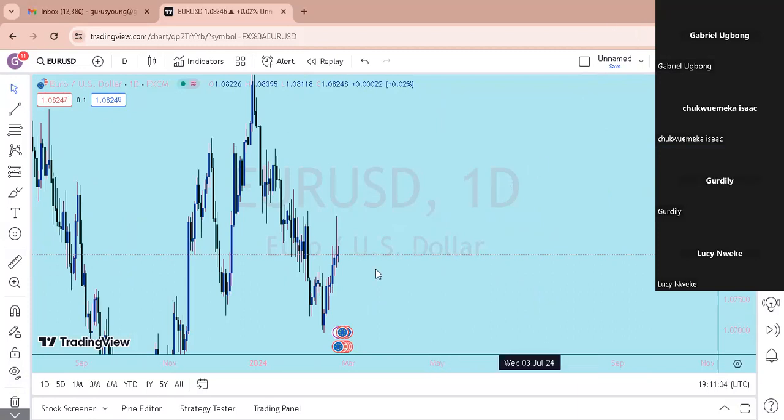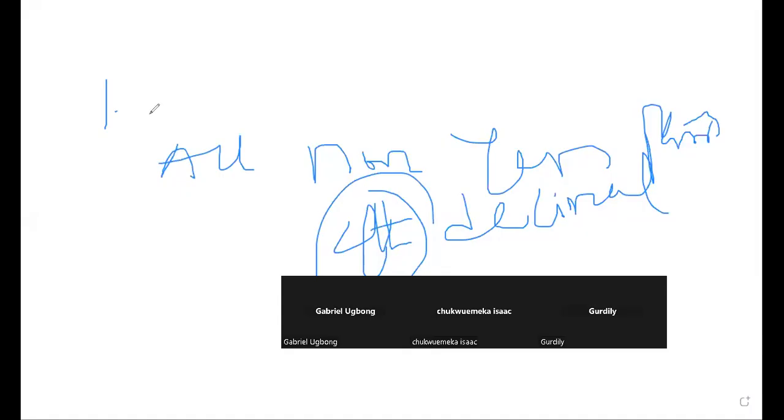Now, Euro USD is at a current price of 1.08243, and it is fluctuating. Call it out, I want to write it on the board. 1.08243.